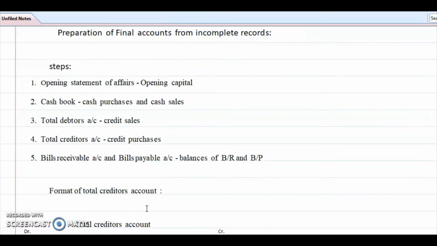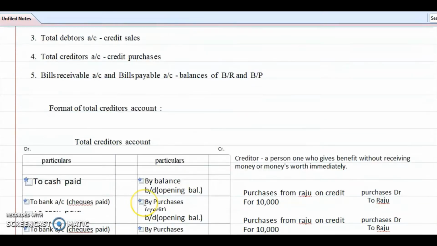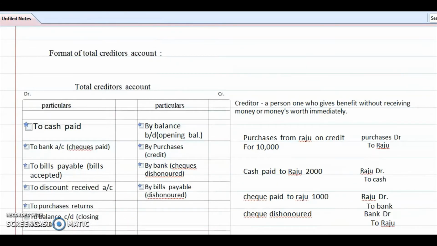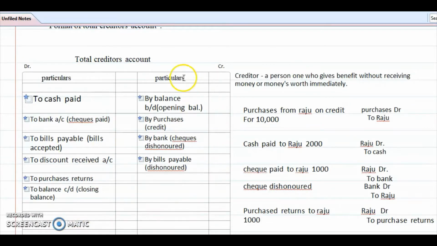In today's class, we are going to discuss the format of the total creditors account. So this is the format of the total creditors account. Let us discuss one by one. Before studying the creditors account format, you should know who a creditor is.